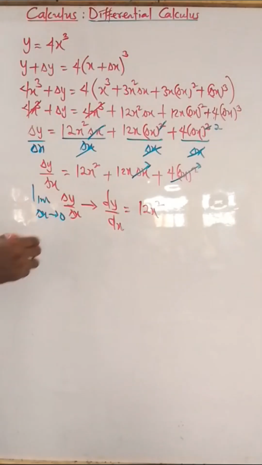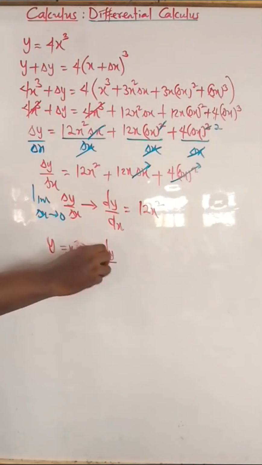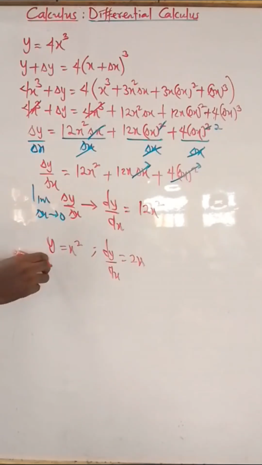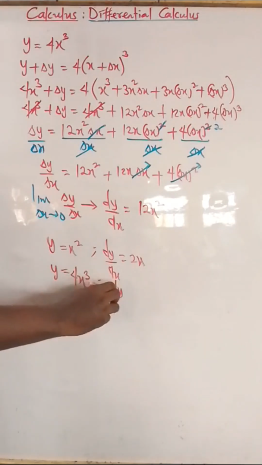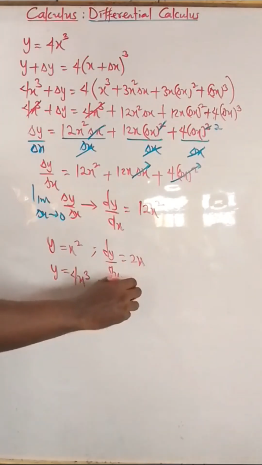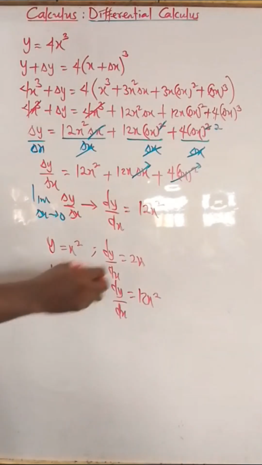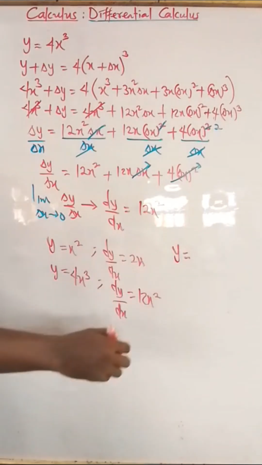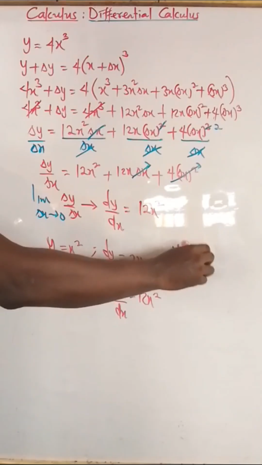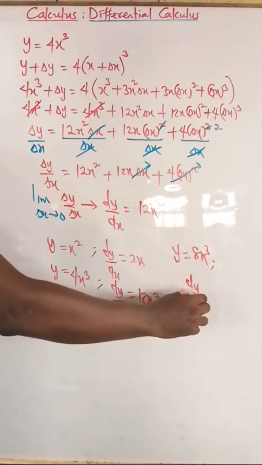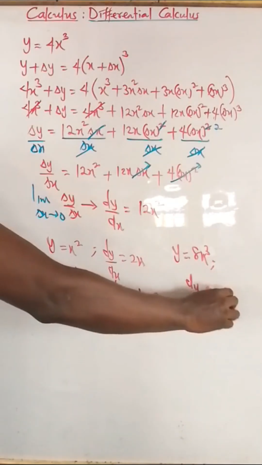For the first example, y equals x squared, dy dx is 2x. For the second example, y equals 4x cubed, dy dx becomes what? 12x squared. If you try, let's say, y equals 8x cubed, you get dy dx to be 24x squared.